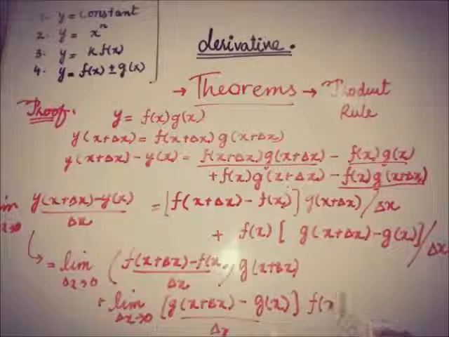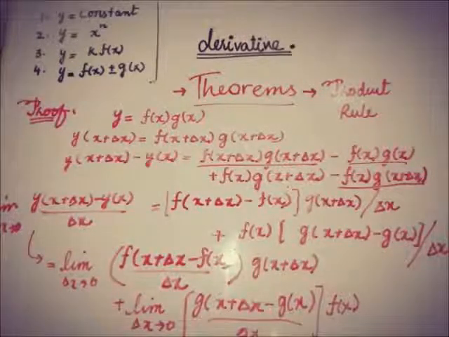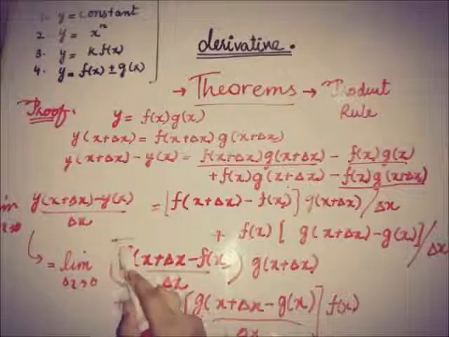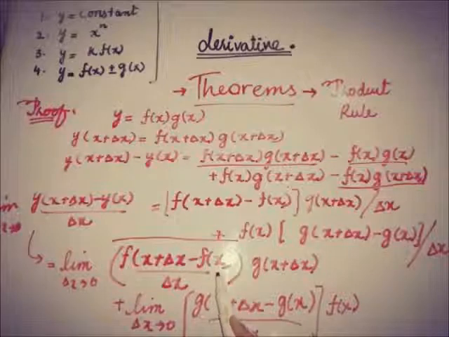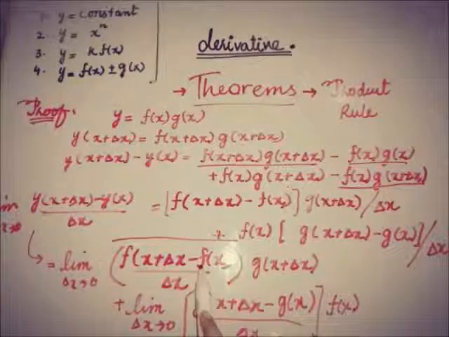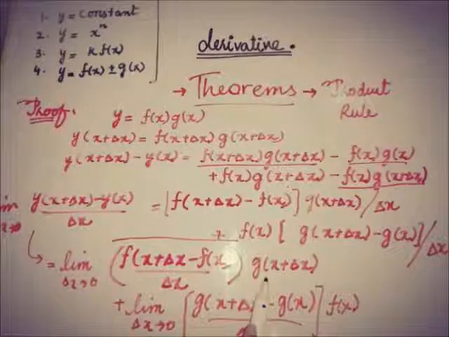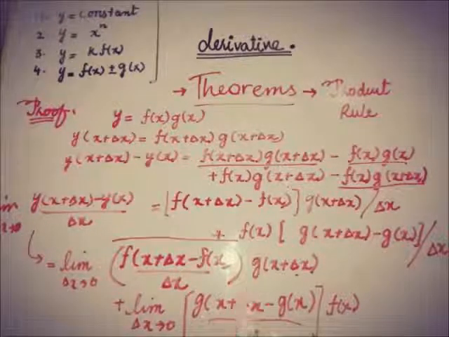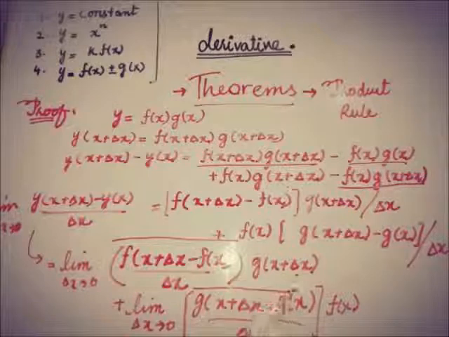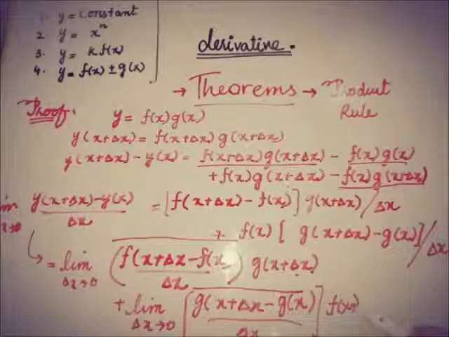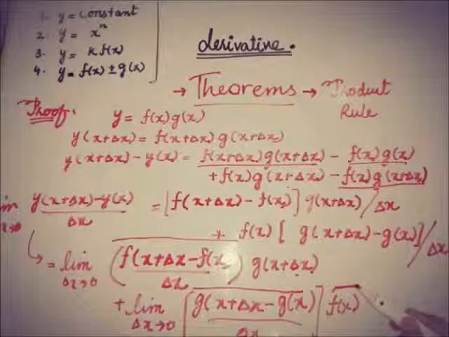Now talking about the limit, this whole from here to here is the rate of change of the function f with respect to x, and by applying the limit we only get g of x because this becomes 0. And talking about this factor, this whole from here to here is the rate of change of g of x, and this will not change.